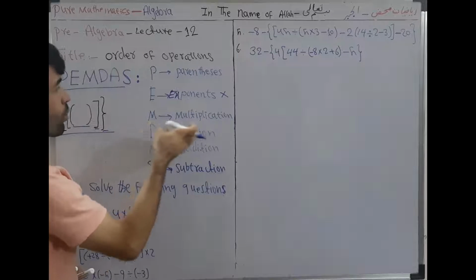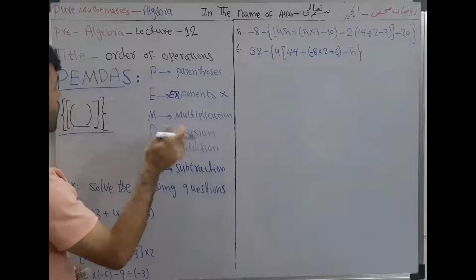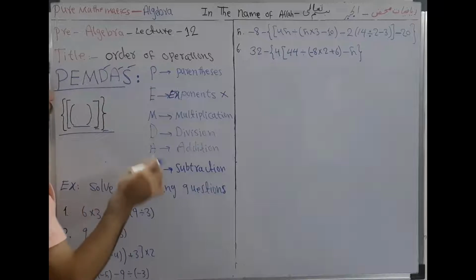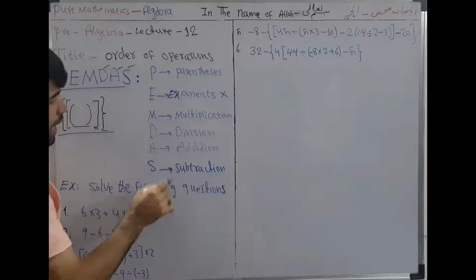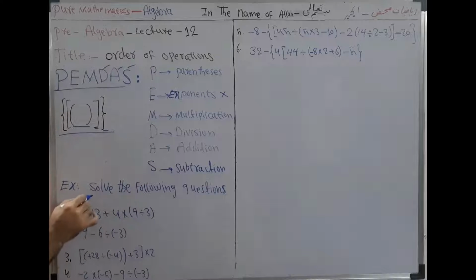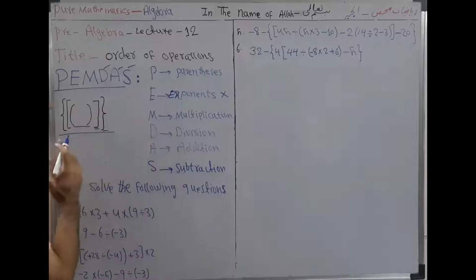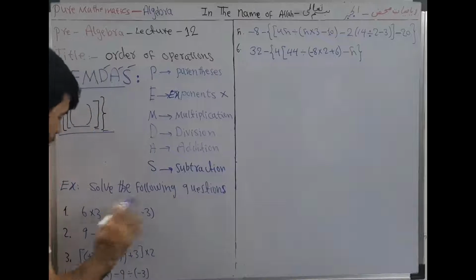Then we simplify multiplication, then division, and finally addition and subtraction. We do these operations from left to right.